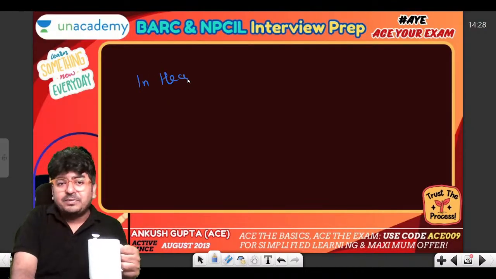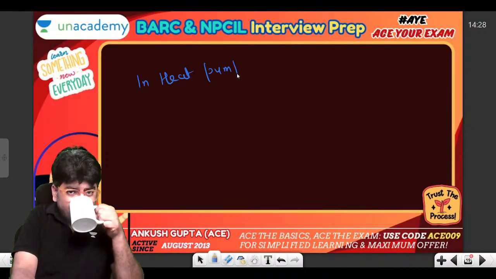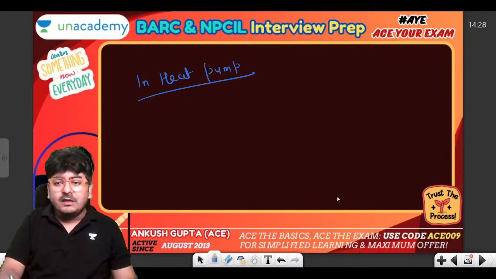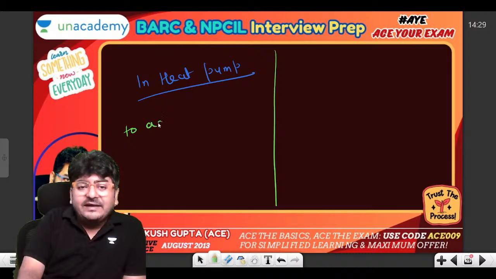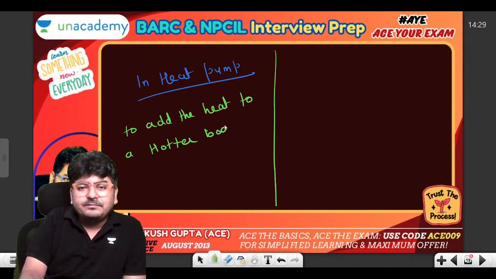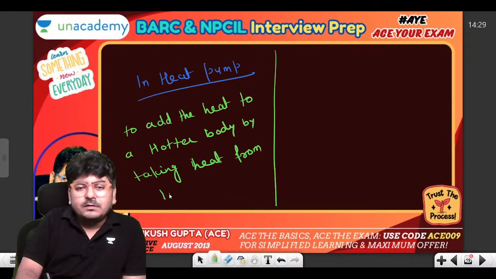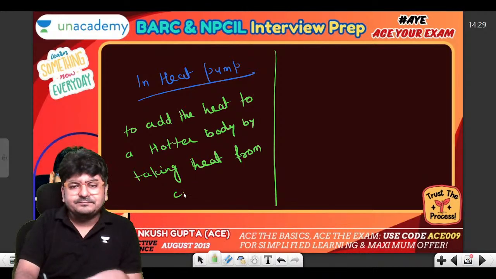In case of a heat pump, the objective is to add heat to a hot temperature body, a hotter body, by taking heat from a low temperature body or a colder body, you can say.